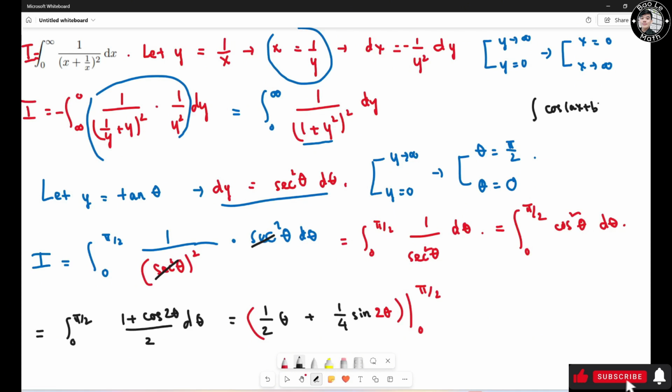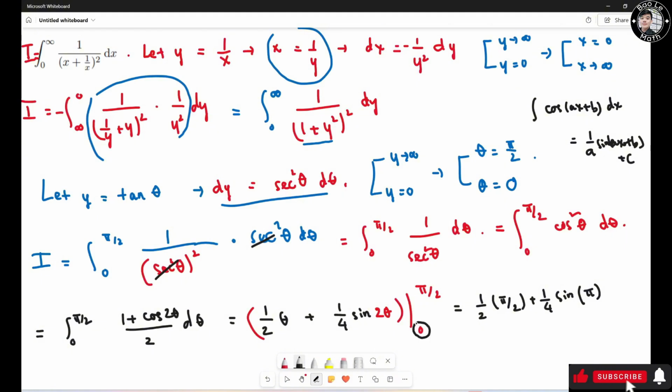of (as plus b) ds equals 1 over a sine(as plus b) plus c. So 1 over 2 times 1 over 2 equals 1 over 4. Alright, so I substitute over here: 1 over 2 times pi over 2, plus 1 over 4 sine of pi, because 2 times pi over 2 is pi, minus the lower limit.